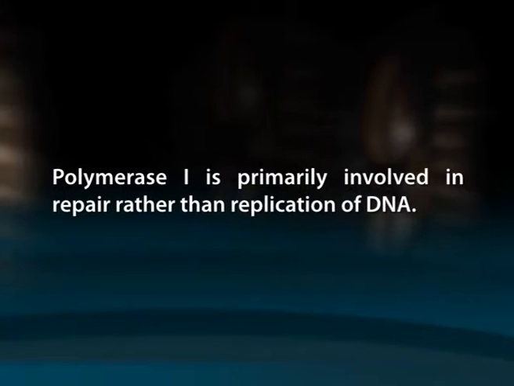This led to the conclusion that polymerase I is primarily involved in repair rather than replication of DNA. Conditional lethal mutants thus allow genetic analysis of genes otherwise impossible to study.